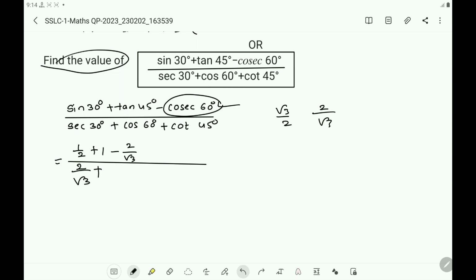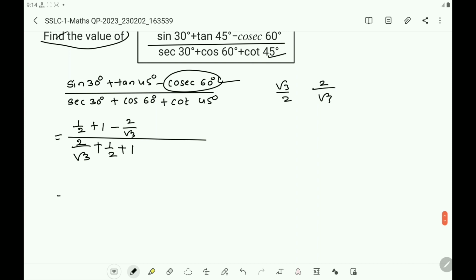Cos 60 is 1 by 2. Then plus cot 45. Cot 45 is also 1. Then you take the LCM on both the sides. Here the LCM is 2 root 3.